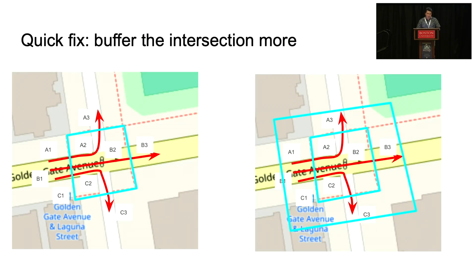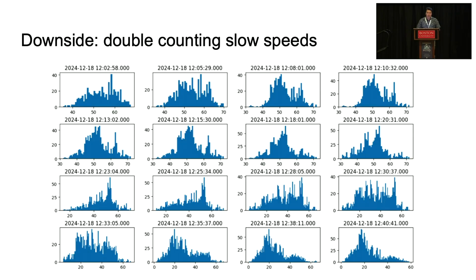So you immediately might be like, okay, well, I can fix that by looking further back up the road. But the moment you start looking further back up the road, so you increase your buffer radius, you start double counting the slow speeds. So now slow speeds are building up and being priced into the cost of the turn, and they're being priced into the cost of the speed on the road.